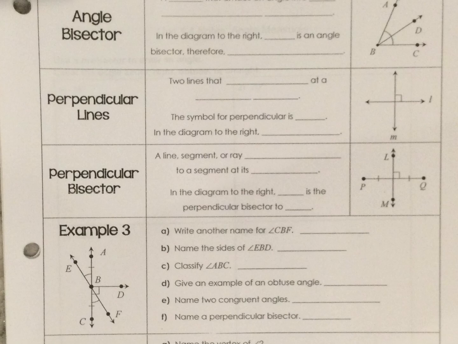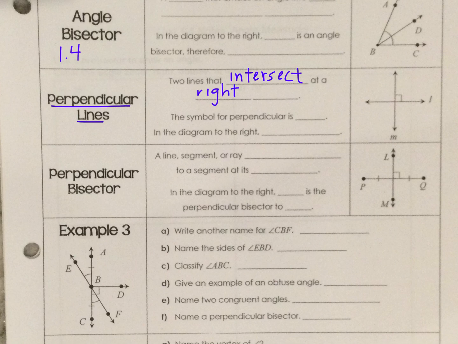Okay, this is the second page of your 1.4 notes. We did the angle bisector part in class the other day, and so now we're going to start with perpendicular lines. Perpendicular lines are two lines that intersect at a right angle.